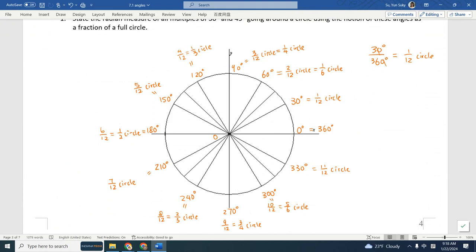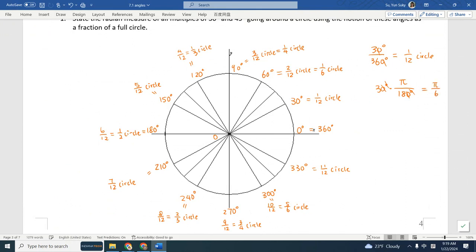Yes, everybody? Okay, so we have the degree. How do we convert into radian? How do we convert 30 degree? We multiply by pi and divide by 180 degree, so we can cancel off the degree. Do you see the zeros cancel? What is 3/18? 1/6. Good.